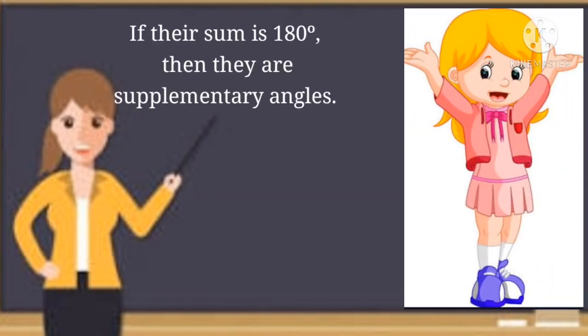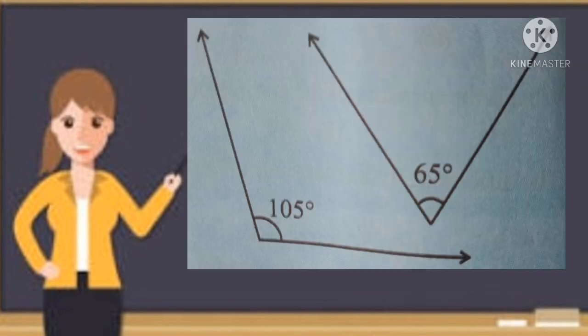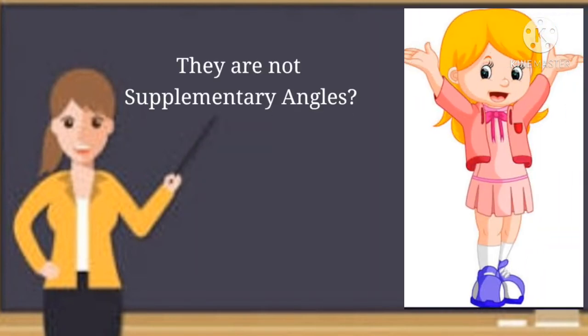If their sum is 180 degrees, then they are supplementary angles. Yes, now look at these figures. One angle is 105 degrees, the other one is 65 degrees. Add them, it equals 170 degrees. They are not supplementary angles.